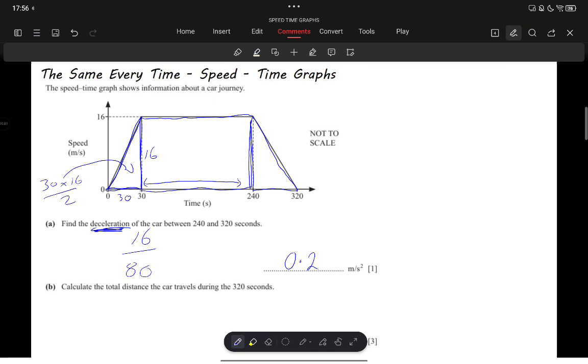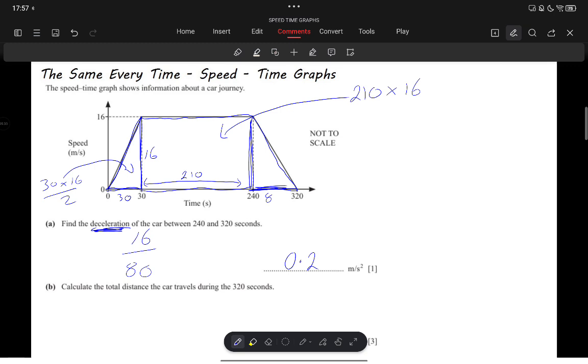So the base of my rectangle is going to be 210. So the area of my rectangle is going to be just base times height, 210 times 16. And then we have one more triangle. The base of my triangle there goes from 240 to 320. And that's going to give us 80.